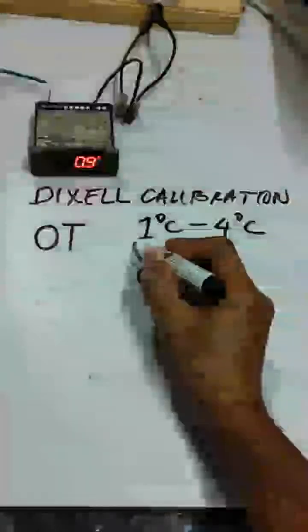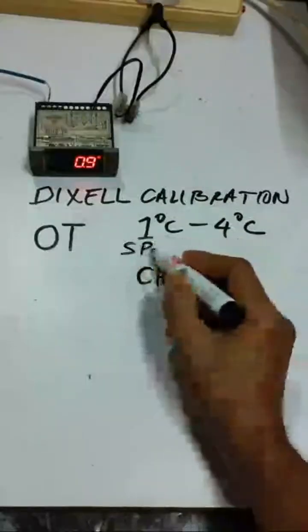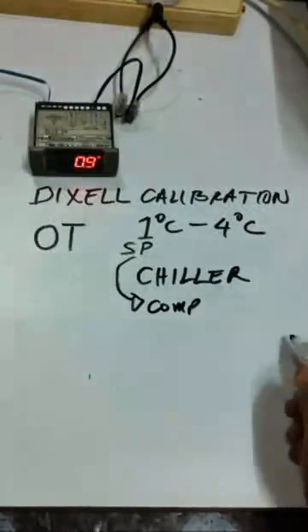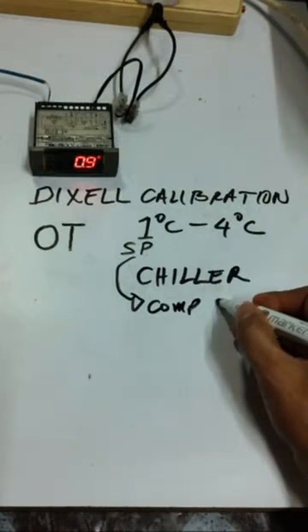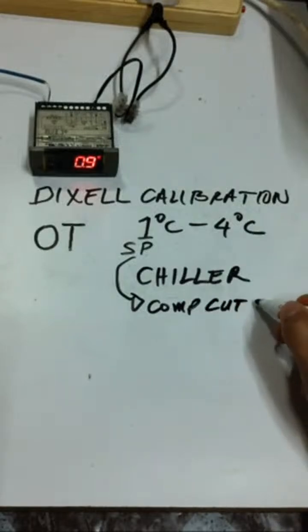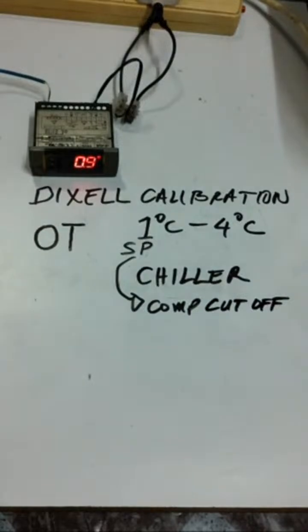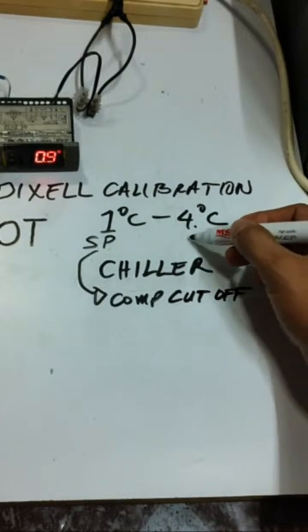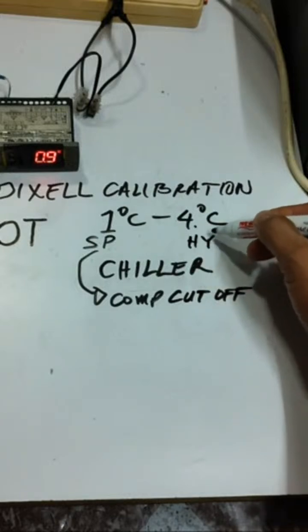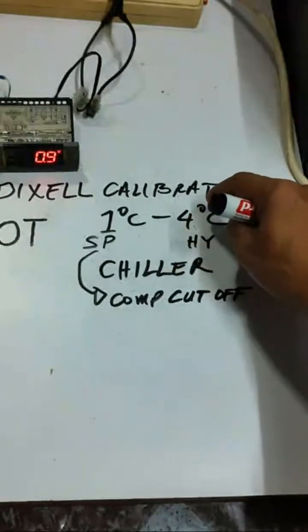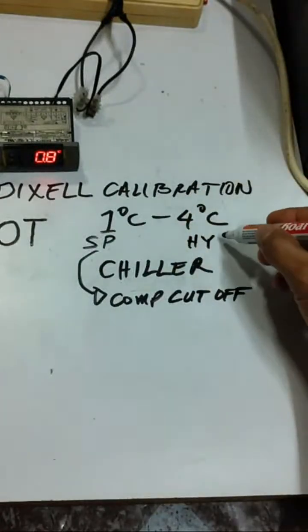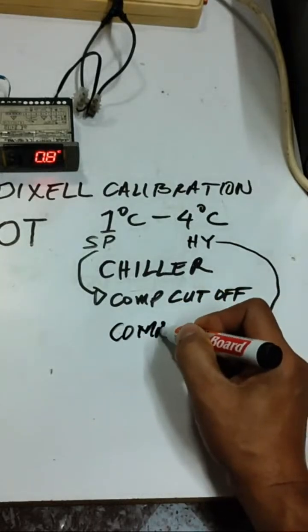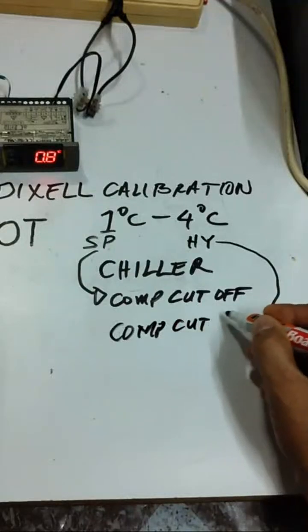And the 1 here is our set point, the compressor cut off, while the 4 here is HY, our differential, and that differential is the compressor cut in.